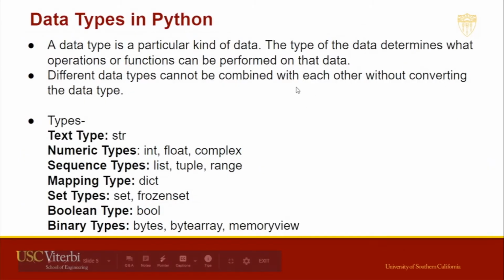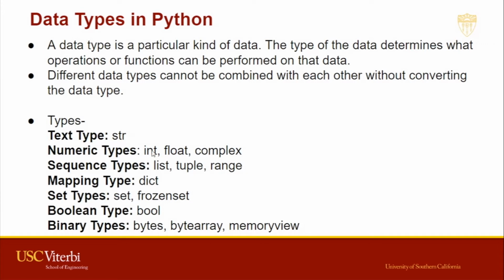Now the different data types in Python. These data types cannot be combined with each other without converting from one data type to the other. There are certain inbuilt functions which help us achieve that. For now, let's learn what the different data types are. When you talk of text, like strings, for example, your name or some country's name.